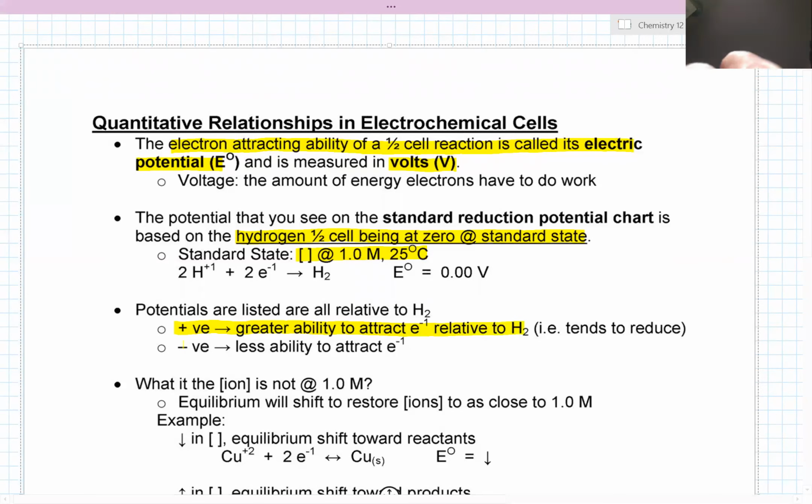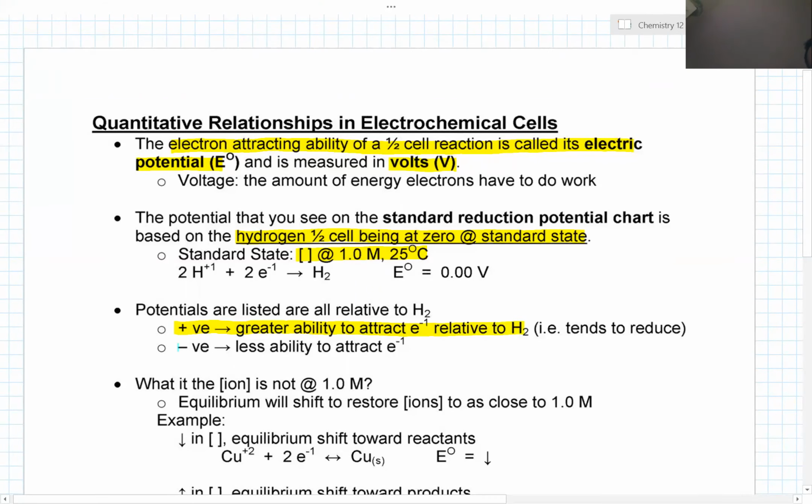Negative means that it has less ability to attract electrons. So it all depends. The positive and negative basically says, is it better than or less than how hydrogen does? And that's something we would have to consider.